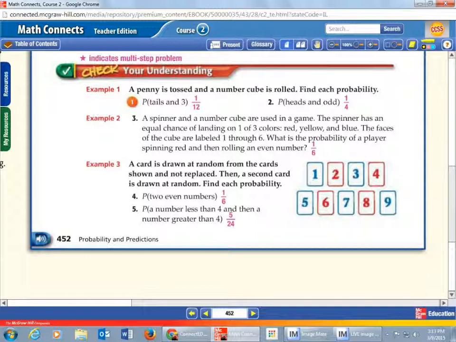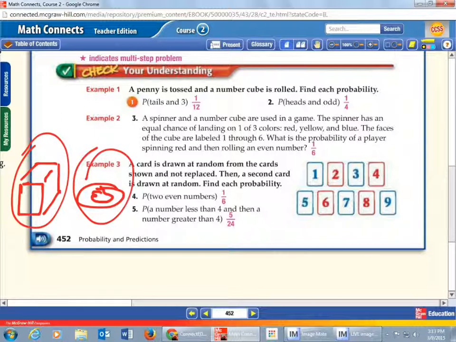The reason they're independent is because whatever I get on the cube has nothing to do with whatever I get on Abe Lincoln's head. Okay, that's Abe Lincoln's head, not an egg. So this is separate from this. So I have a chance of 1/6 and a chance of 1/2, and I just multiply it together.